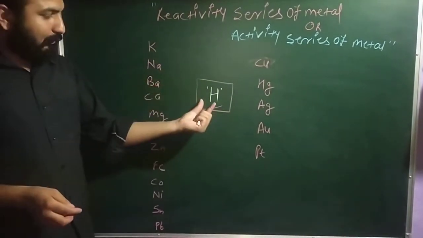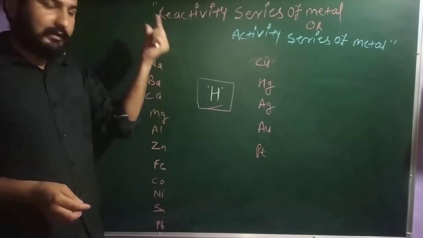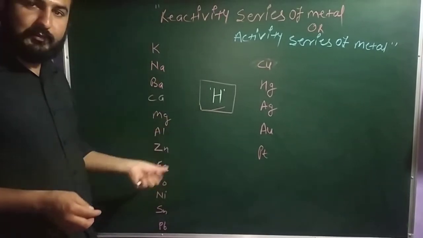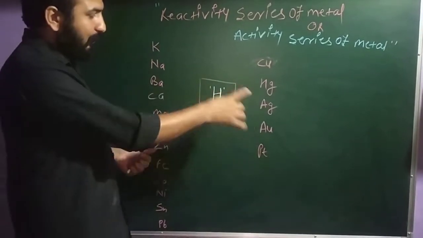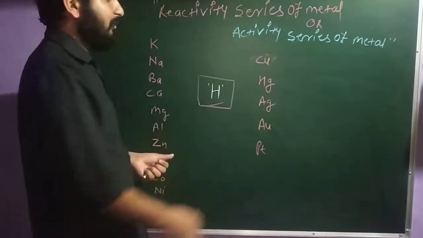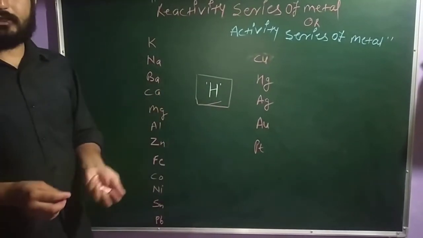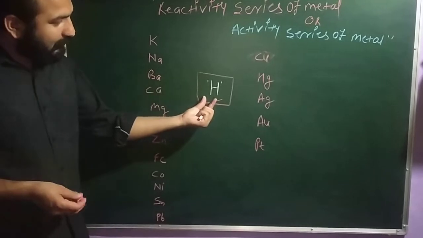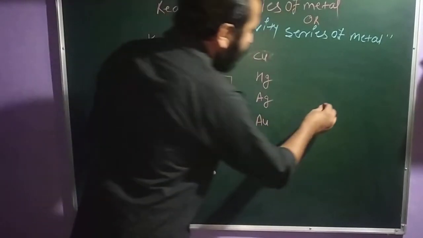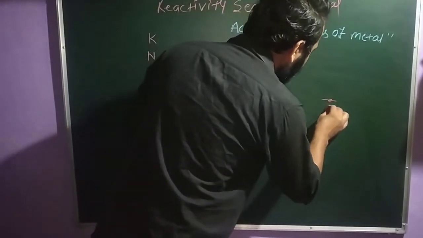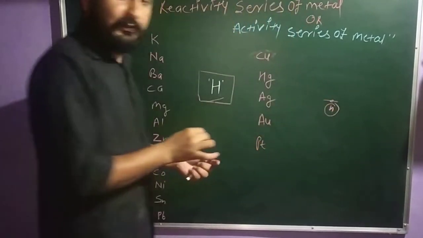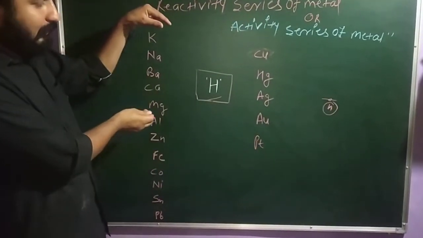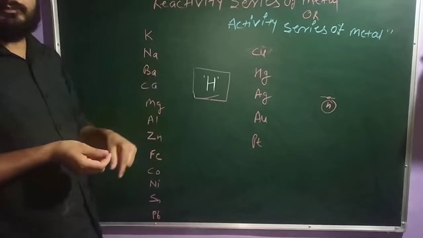That means all the metals above hydrogen are called the higher reactive metals, and the metals below hydrogen are known as the less reactive metals. That means hydrogen is placed in between the lower reactive metals and the higher reactive metals.